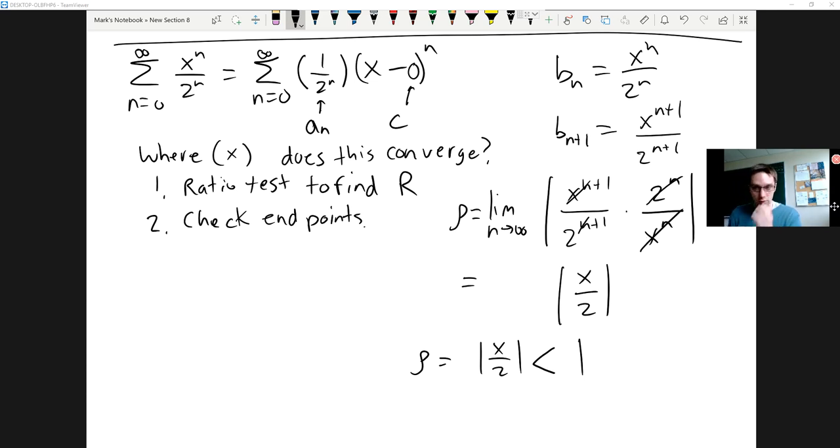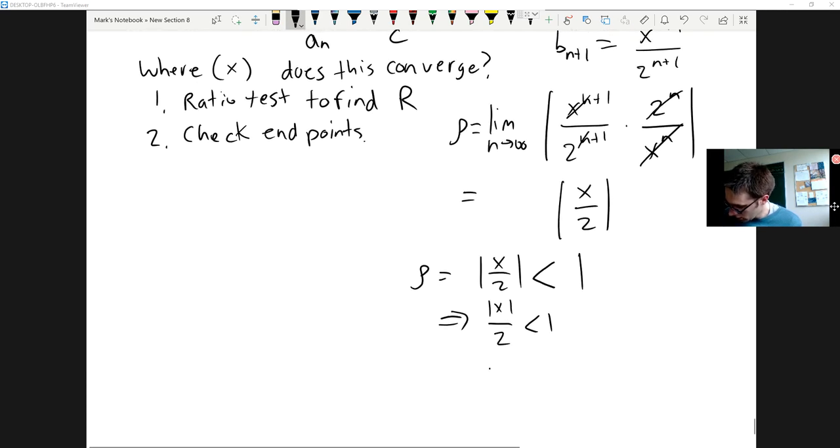And if we do a little bit of algebra to rearrange that equation, we can now find our radius. Notice we could write that as absolute value of x over absolute value of 2. And absolute value of 2 is just 2. And if we multiply both sides by 2, we'll have absolute value of x is less than 2. And so there we go.